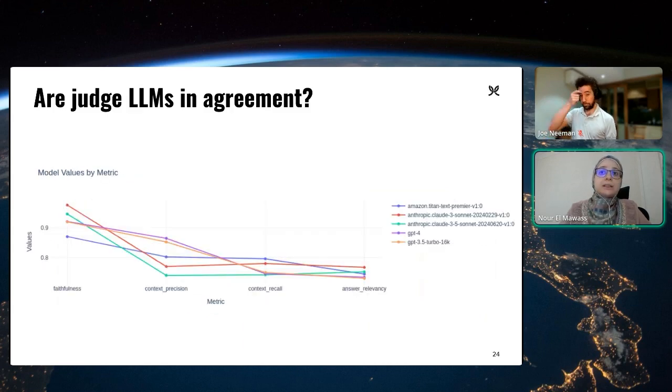And we did this experiment again on another RAG setting with other evaluator LLMs as well, including here Amazon Titan, and then you have Claude 3.5 Sonnet. And you can see the same pattern emerge, that we don't have the same values returned by these different evaluator LLMs.